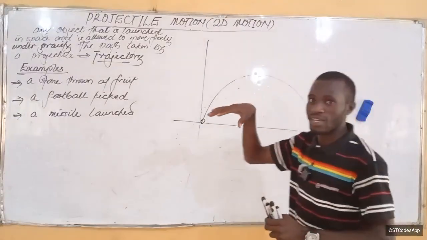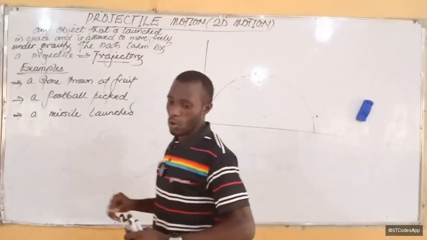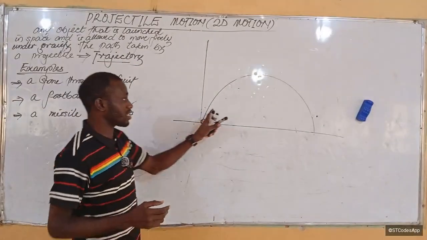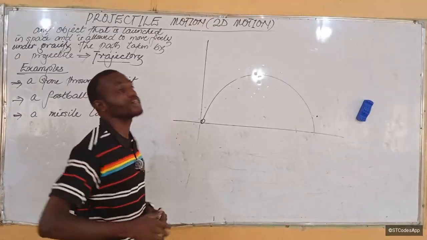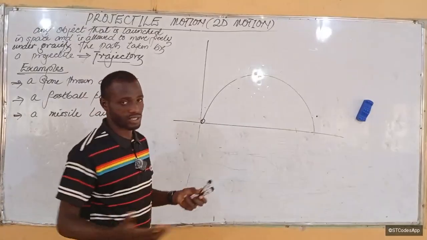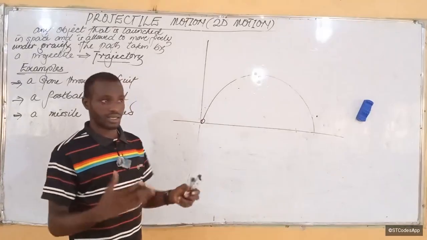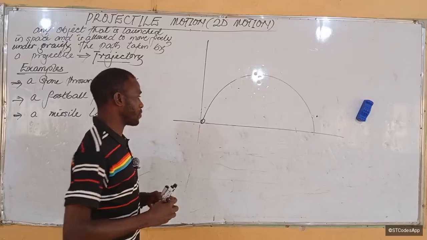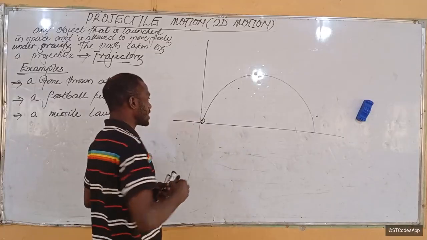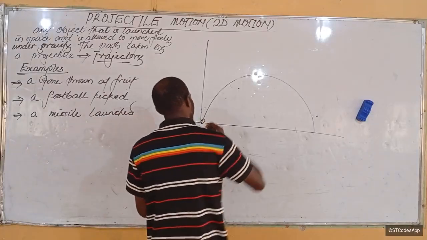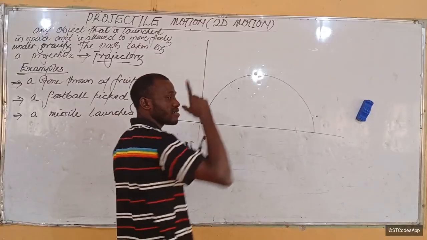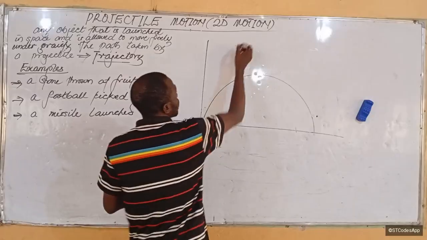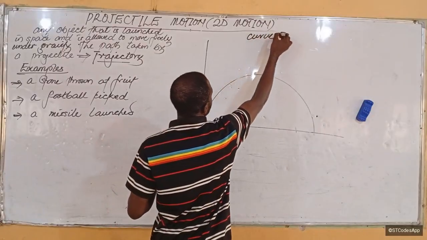Now let's analyze the properties associated with this motion, or the kinematic properties that we use, including speed, acceleration, distance, and all of those things that we use to analyze motion. Now look at this body. This body is launched at this angle. When a body moves in a curvilinear path, I've told you that before, the path is curvilinear.